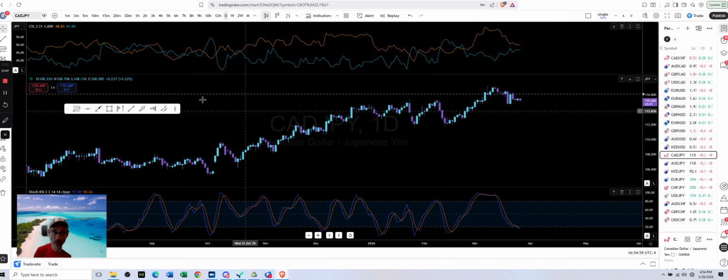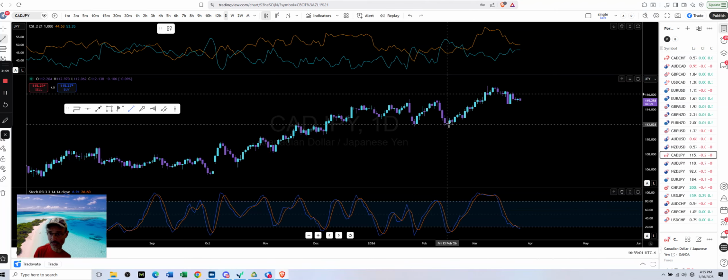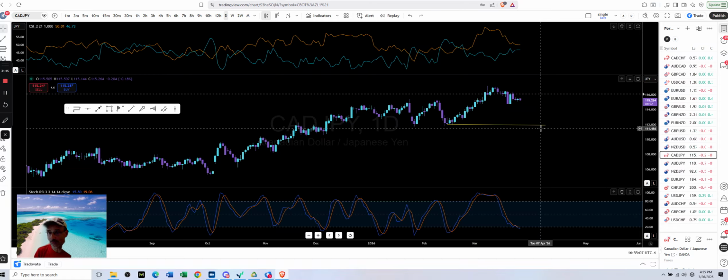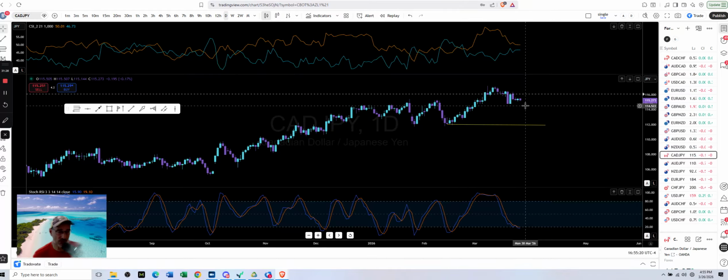We haven't broken any market structure here. We've got this major swing low down here, and we're nowhere near that. So to me, the uptrend's still intact. The market's just pulling back. But at some point, we'll probably see this one bend up, this one bend down. You'll see a bullish engulfing candle, and that will be the signal to resume the long.